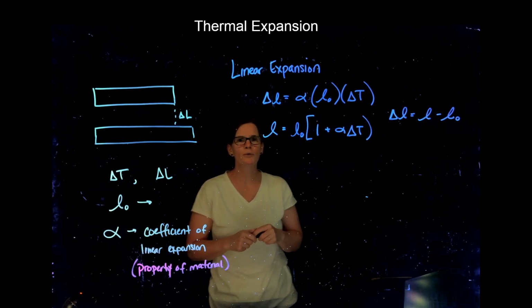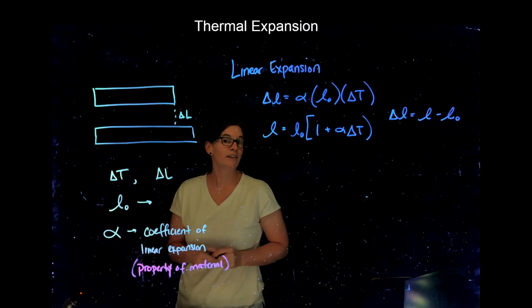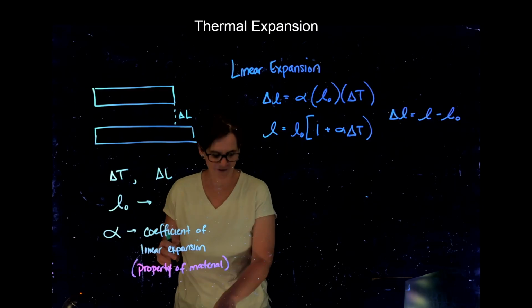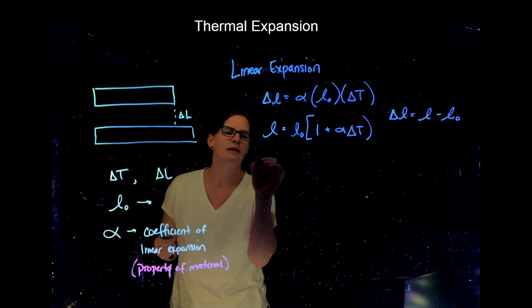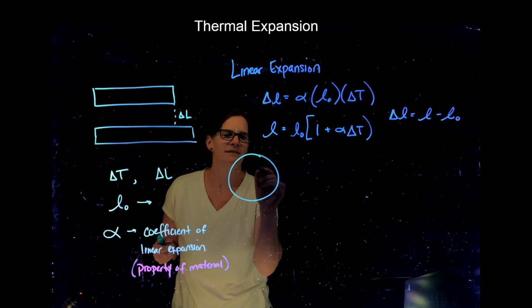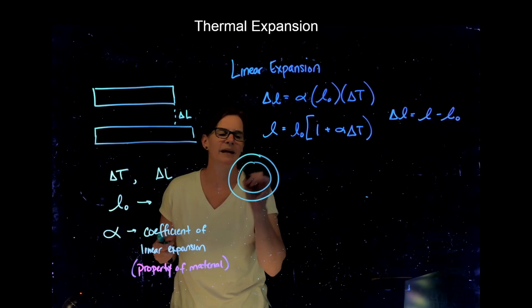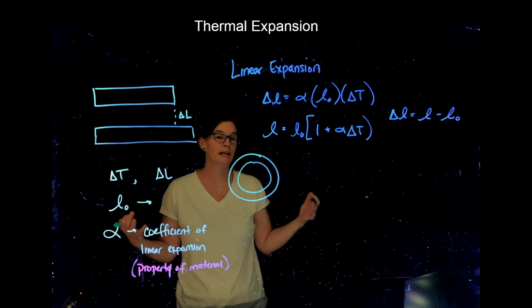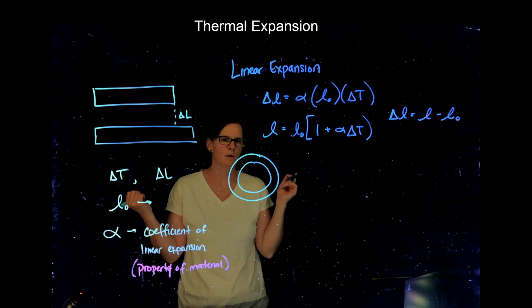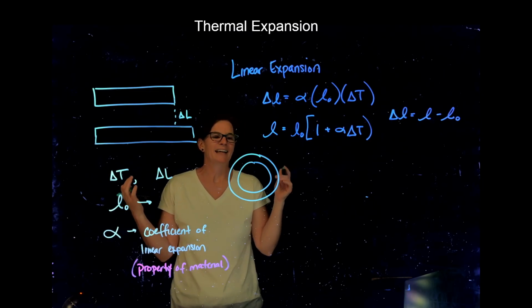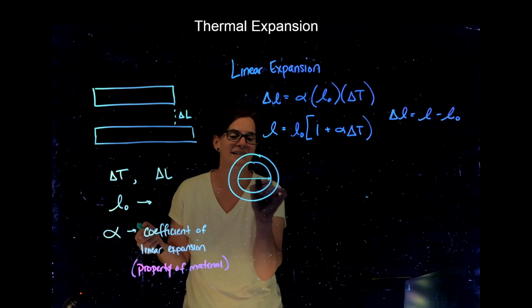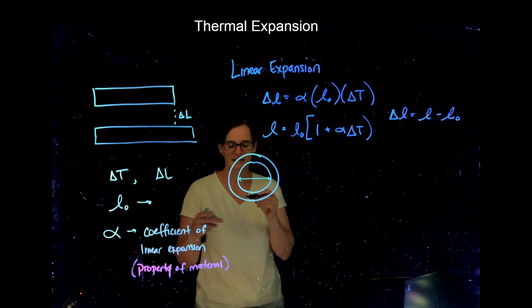Now, how can we use this idea to our advantage? One of the misconceptions of linear expansion is, if I have a ring and I heat that ring up, what happens to the hole? Let's think about this as the length that's going to expand.